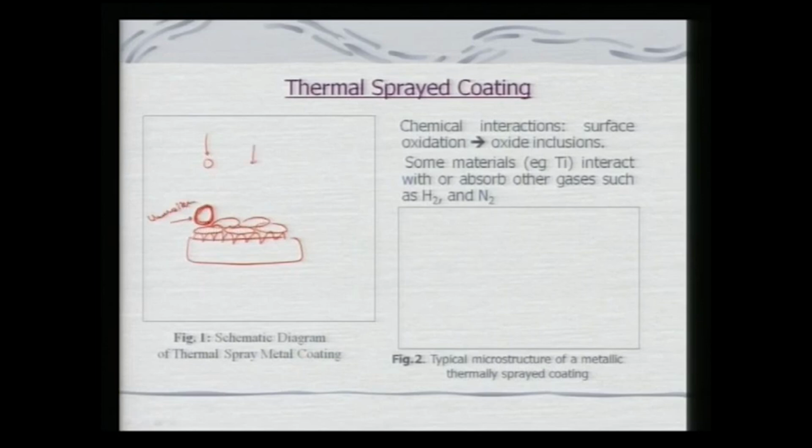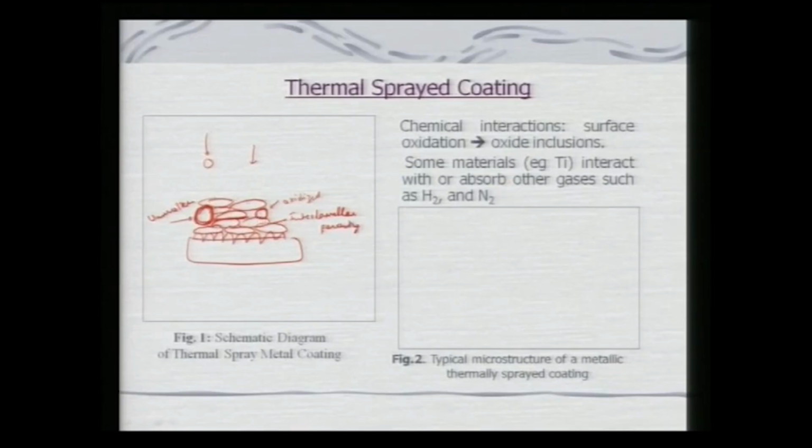Once a particle has acquired enough heat, it can also undergo certain oxidation. So, we can see some particles which are unmelted, or some which are oxidized. That is again a problem. Inherently, since it is forming splats, there is some interlamellar porosity.